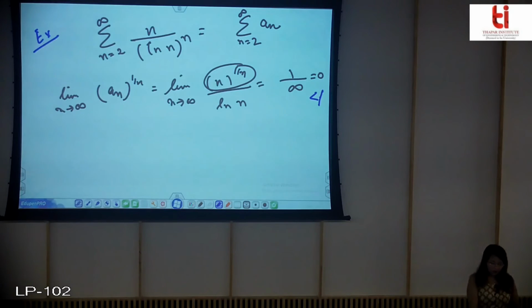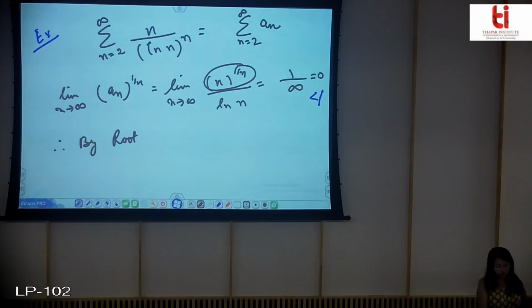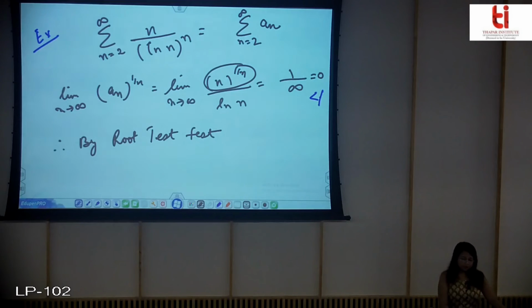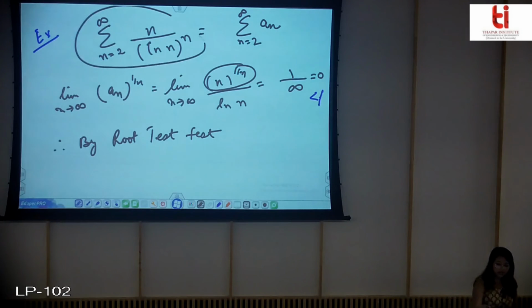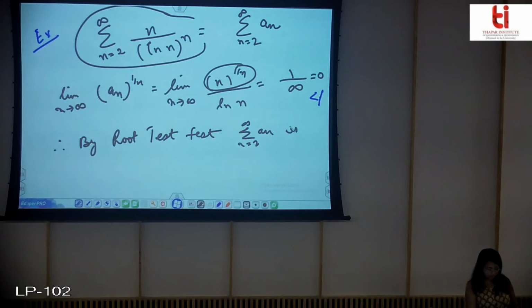Therefore by root test, what will you say? That this series is convergent. Therefore by root test, summation of an is convergent.